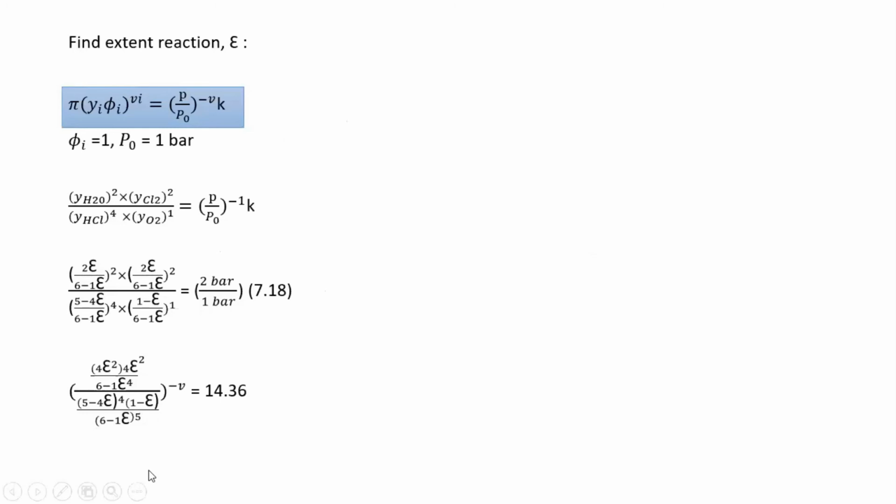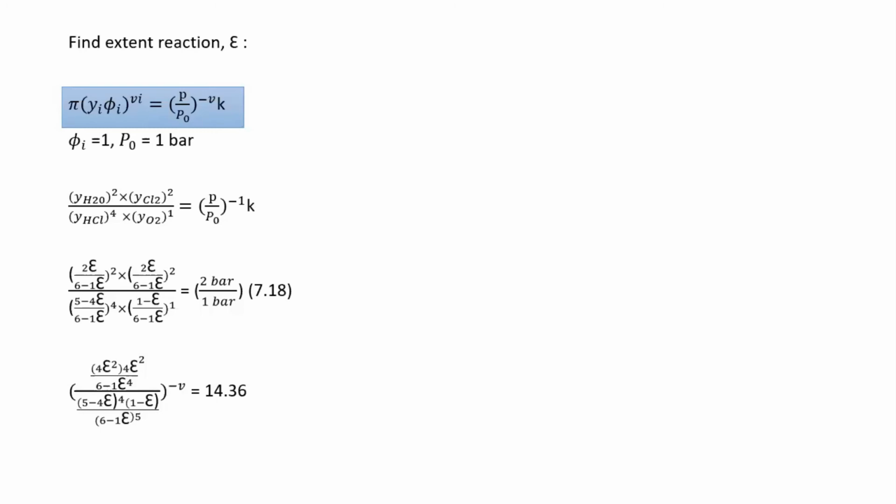For the extent of reaction, we use this formula, which is the product of yi, the mole fraction, multiplied with the fugacity coefficient, to the power of the stoichiometric coefficient for each species, equal to P over P naught to the power of negative nu, which is the total stoichiometric coefficient, and multiplied with the value of K. Why do we assume the fugacity coefficient is equal to 1?